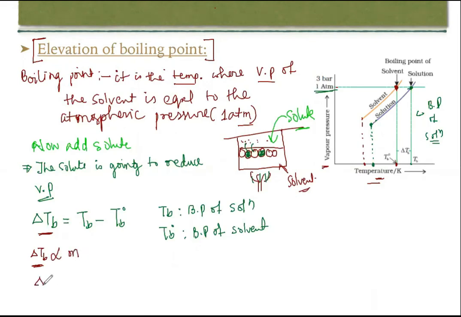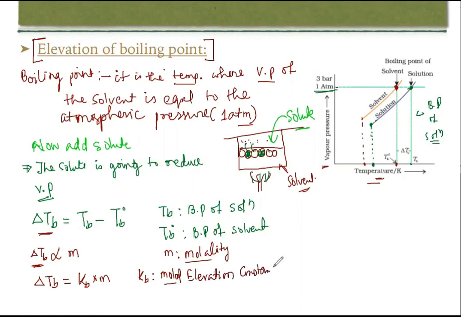Removing the proportionality factor, delta Tb is equal to Kb into m, where m is molality and Kb is called the molal elevation constant, also known as the ebullioscopic constant.